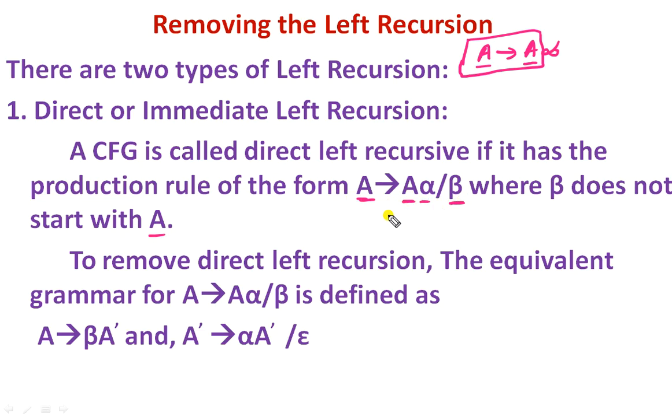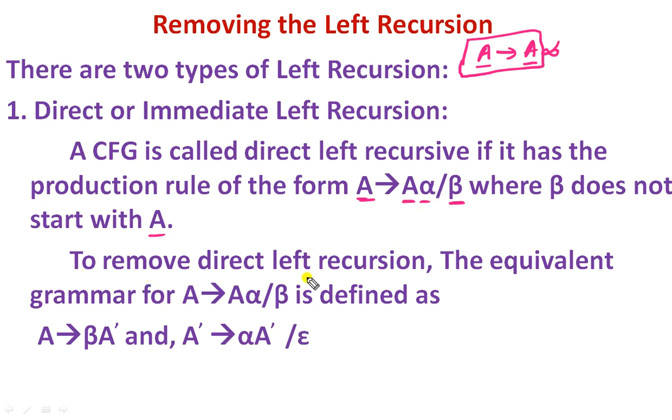So we should eliminate these left recursive context-free grammar production rules, because if we do not eliminate them, then it will generate strings which are infinite. So we should eliminate the left recursion from the given context-free grammars. How to eliminate?